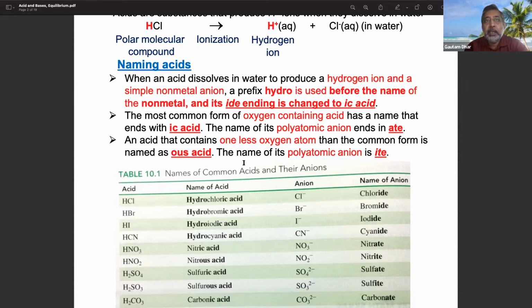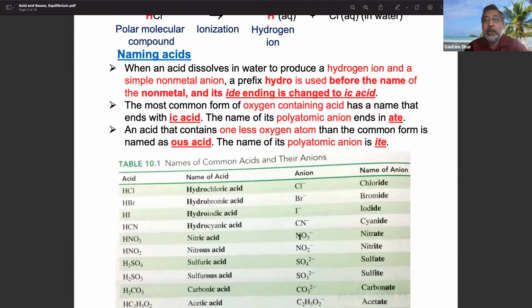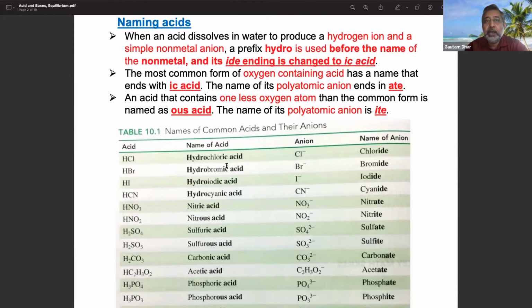Now, if the anion is a polyatomic anion, and these polyatomic ions basically contain oxygens, you have to know the polyatomic ion name. If the polyatomic ion name ends with "ate", make it an ic acid. If it ends with "ite", then you make it an ous acid. So ic and ous.